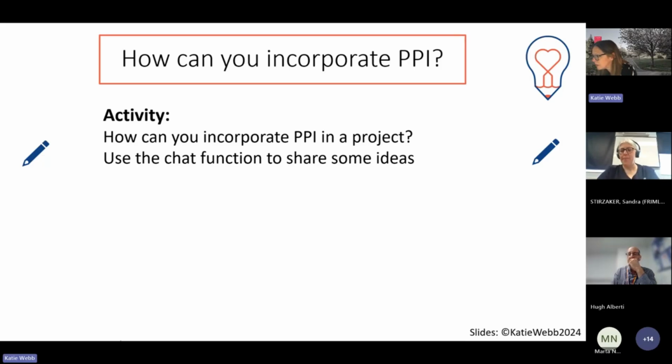Where does the boundary lie between PPI and an actual participant? The PPI involvement is that they are contributing to it. When you have a participant, they are providing a response, where you would be using their data that you would then analyze and take responses from.